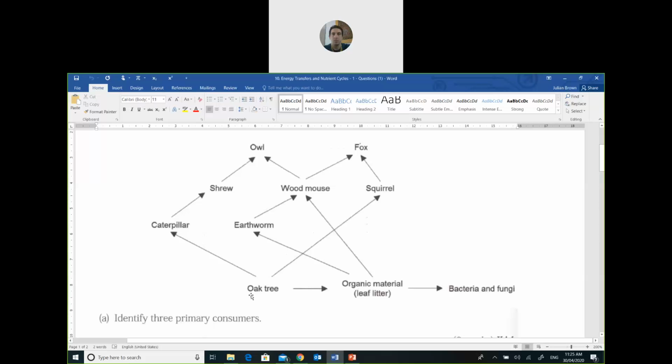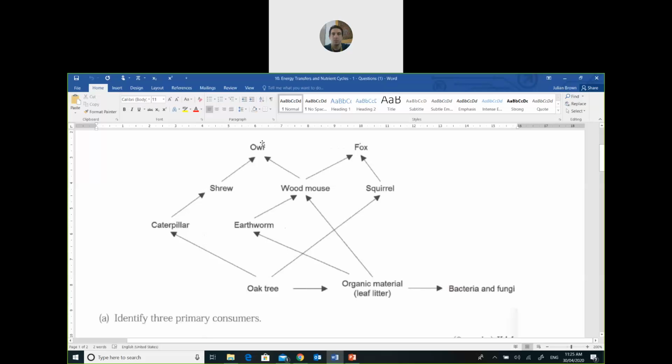Even the leaf litter comes from the oak tree dropping leaves onto the ground. If we didn't have the oak trees, we wouldn't have the leaf litter either. It means we pretty much have no primary producers, and if a food web doesn't have a primary producer, the whole thing breaks down. So all of our primary consumers have no food source, which means our secondary consumers have no food source.